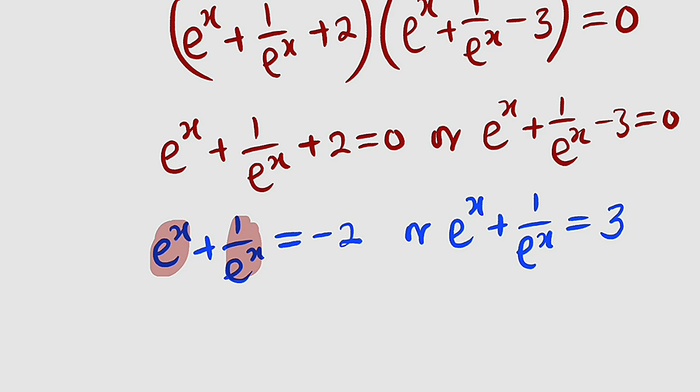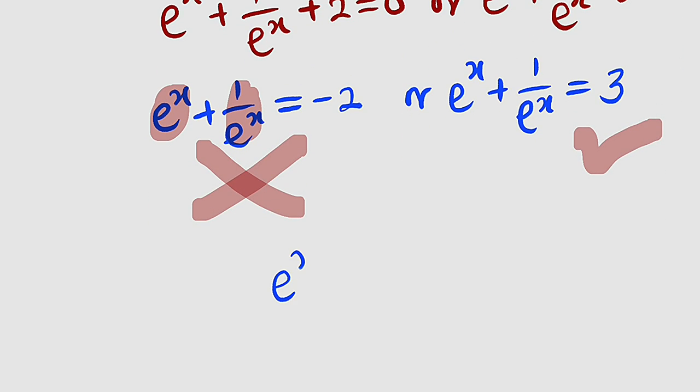Therefore, there is no way you can get this negative 2, and hence we are going to disqualify this solution and consider this one. Therefore, our main equation that we are going to solve to get the value of x is e to the x plus 1 divided by e to the x equal to 3.